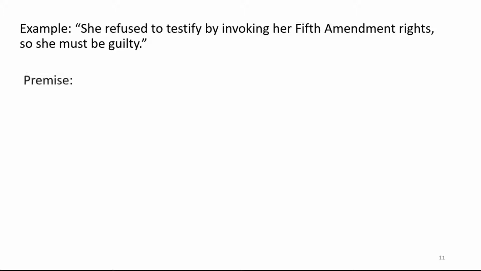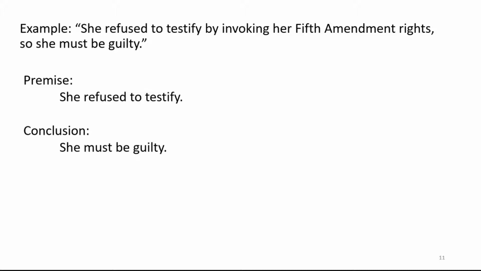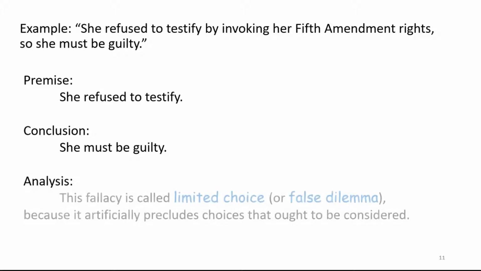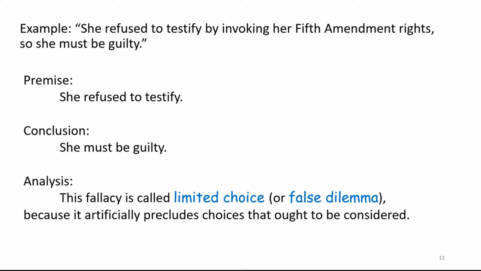The premise here is that she refused to testify, and the conclusion drawn from her action to refuse to testify is therefore she must be guilty. Let's analyze this. This fallacy is called limited choice or false dilemma because it artificially precludes choices that ought to also have been considered.